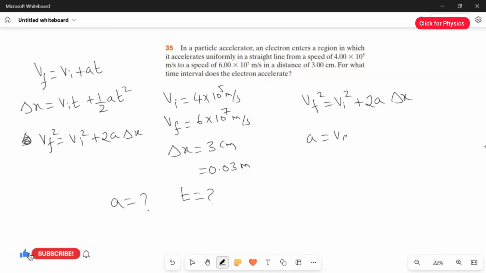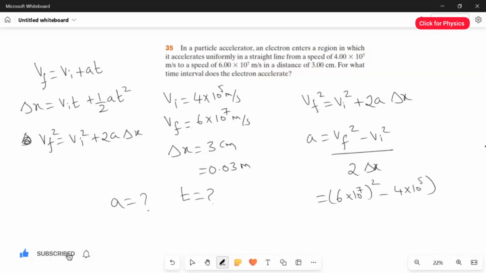Therefore a equals v final square minus v initial square divided by 2 delta x. Substituting the values: (6 × 10^7) squared minus (4 × 10^5) squared, divided by 2 multiplied by 0.03.